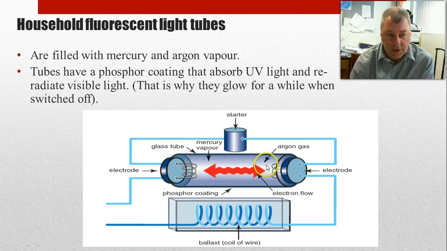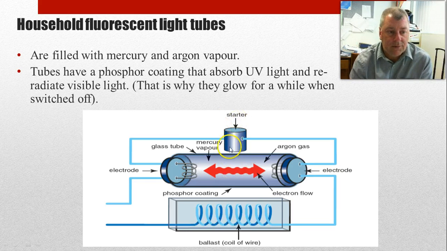You have electrons whizzing across in a strong electric field, hitting the occasional argon or mercury vapor because they're introduced into the vacuum at a low pressure, and they emit your ultraviolet photons plus a small amount of visible light photons, and those ultraviolet photons then go onto the coating and get absorbed and cause the whole excited atoms and re-emission of visible light spectrum.